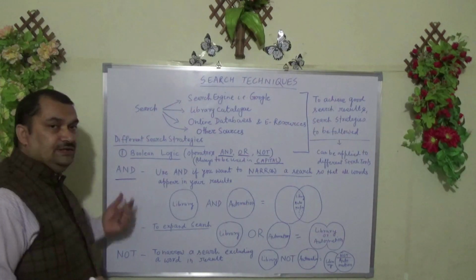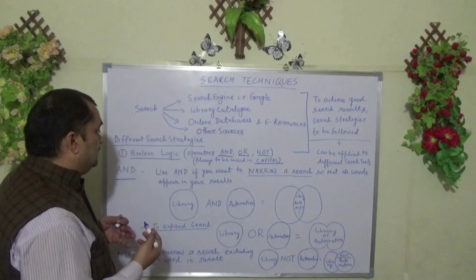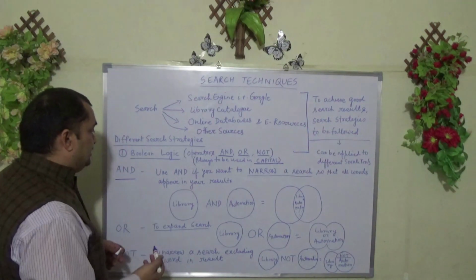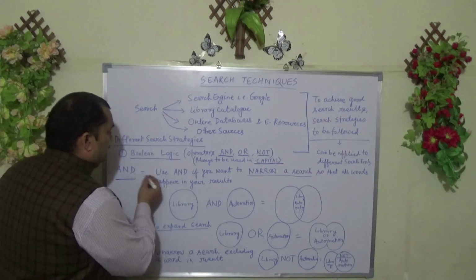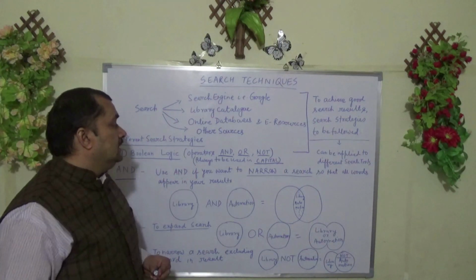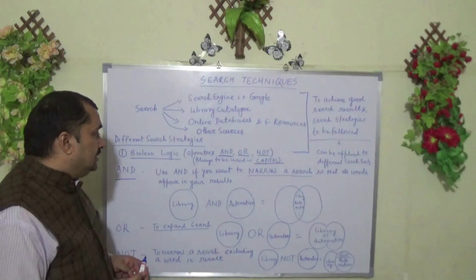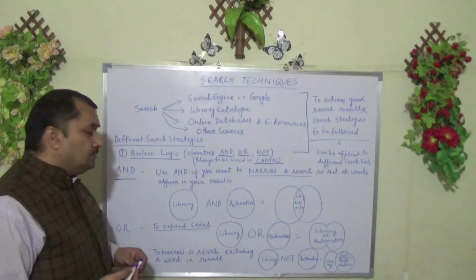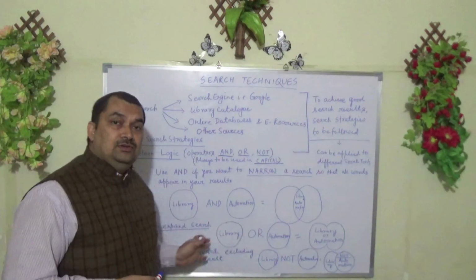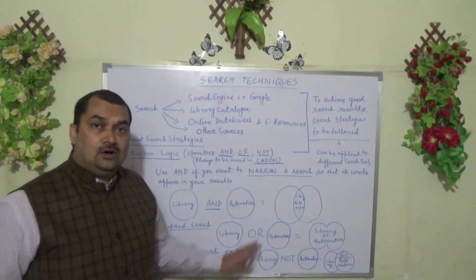I have to use this operator when I start searching using my keywords. This particular operator is used when we want narrow searching. For example, if I search for library automation, I will use library and then AND automation.